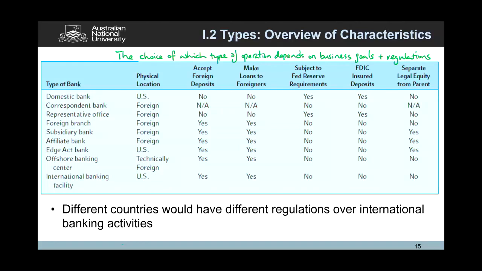And then we go to the next level of effort and resources spent by the bank to set up a representative office. A representative office is one where you do have staff members from your own bank sitting there. However, they're different from a foreign branch or subsidiary or affiliate in that they are not the typical providers of banking services. They're more for an informational, advisory role.